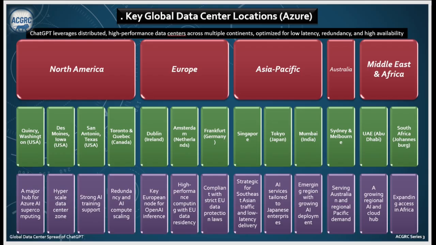Students can pause the screen, and anyone who is interested in how the physical structure is can reference this. This is what is available for the general public. So it is spread across North America, Europe, Asia Pacific, Australia, Middle East and Africa.